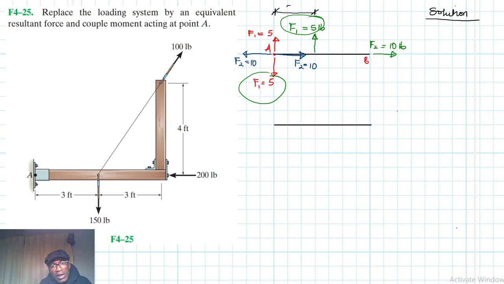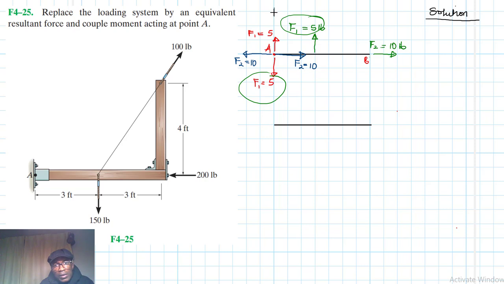So let's say this is 5 feet, and then from there to B is 10 feet. Let me write this properly so that we finalize this particular problem properly.